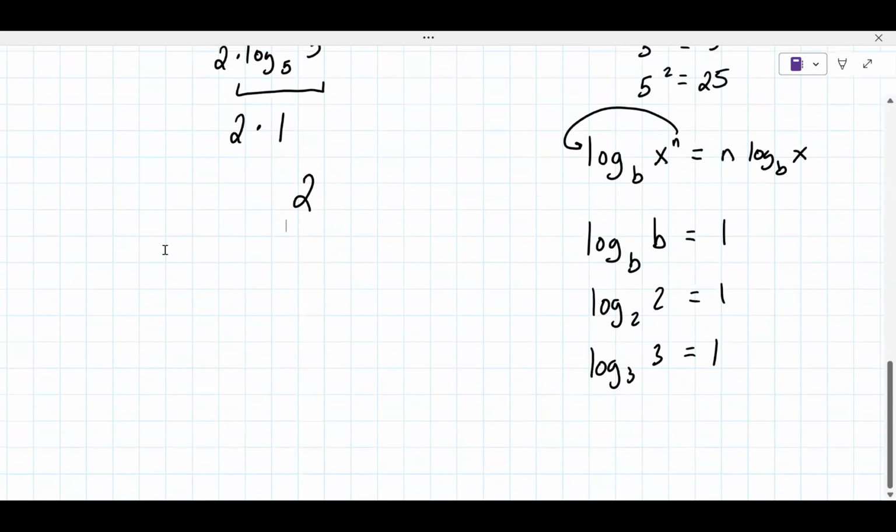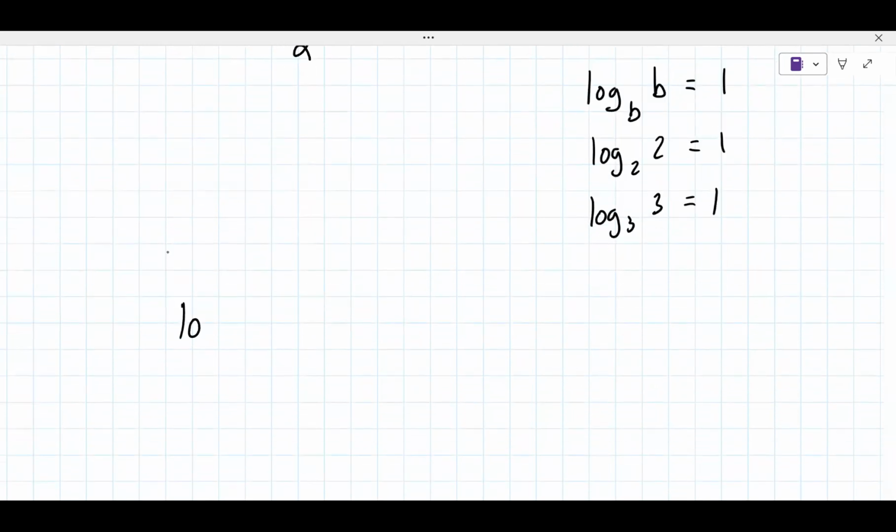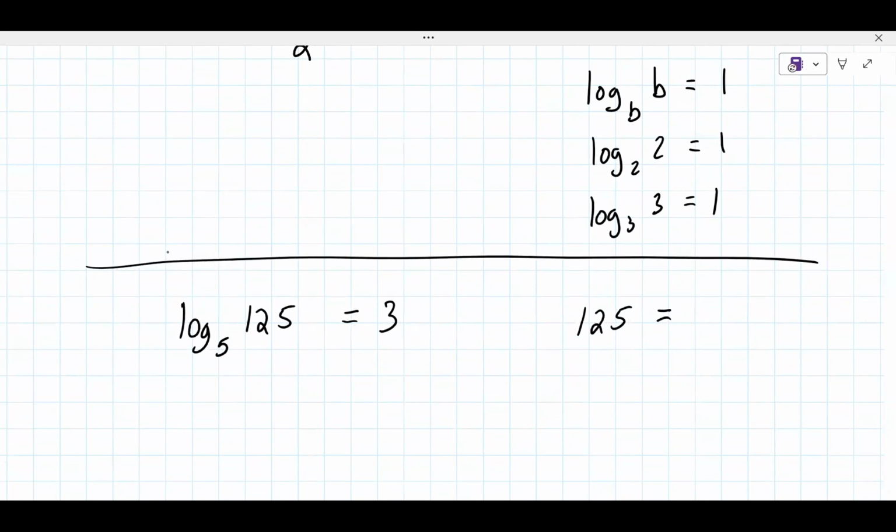So the question is, log base 5 of 125, does that end up equaling 3? It's the same thing as before. You have to say, well, can you write 125 as 5 to some power? And yes, you can. It's 5 to the power of 3.